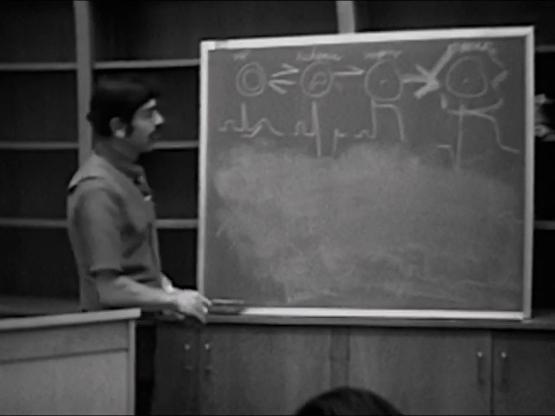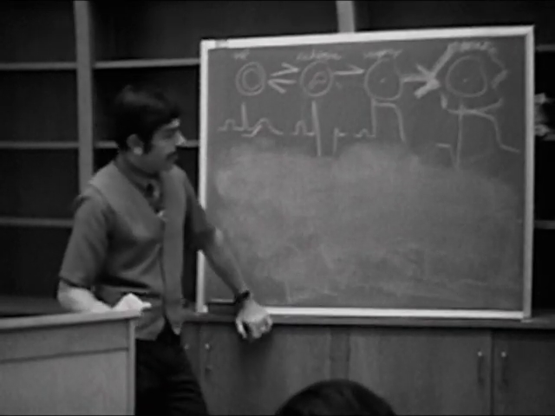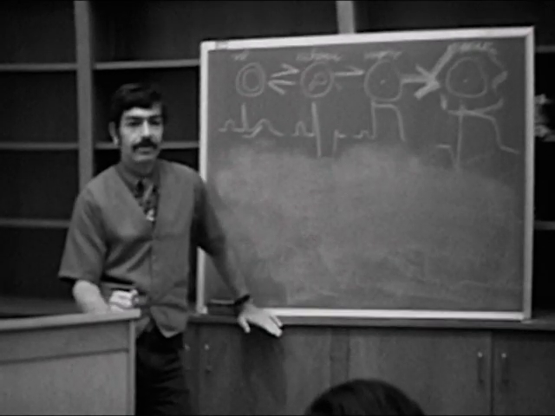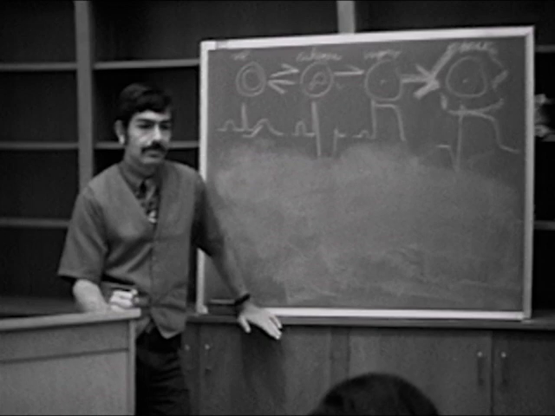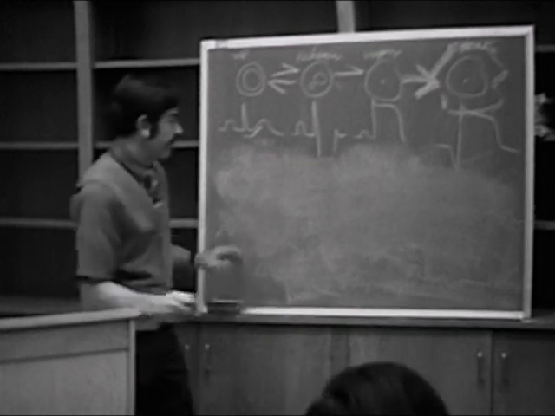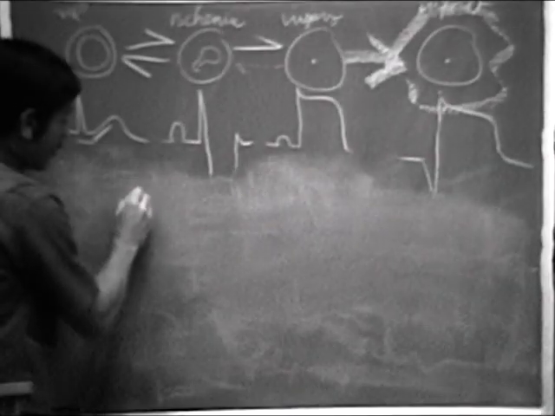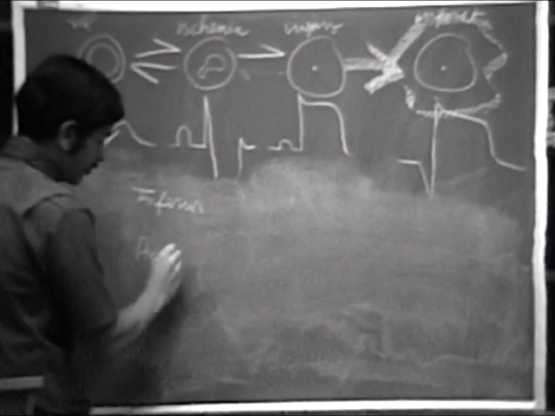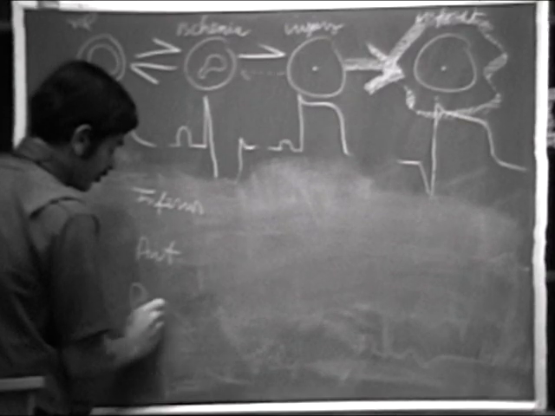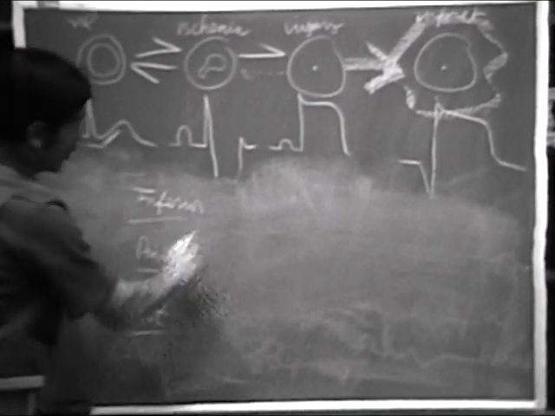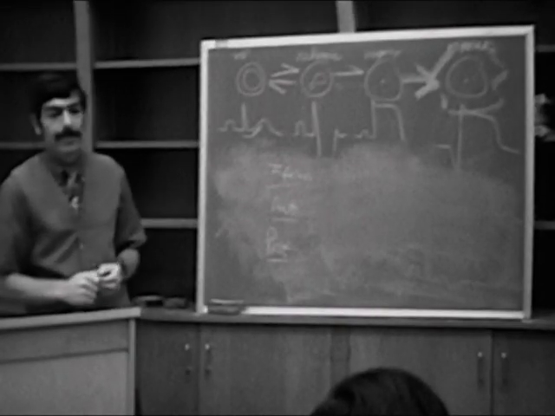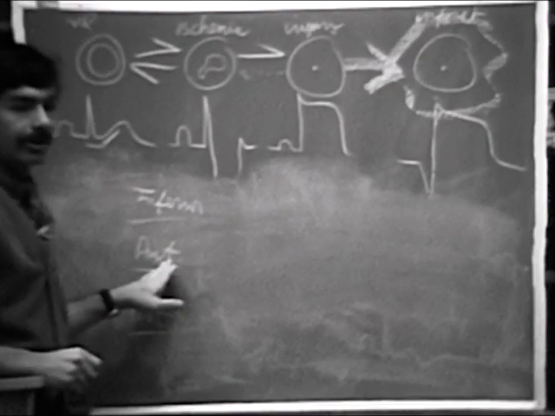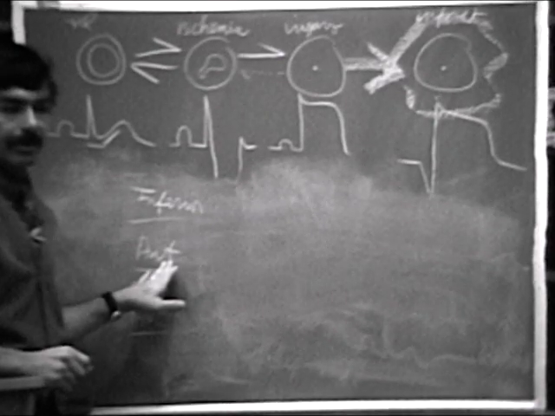In terms of localization, let's talk a little bit about localization of the infarcts. Okay, what are the different surfaces that you might see an infarct on? Okay, we can say the inferior, the anterior, and the posterior. These are really the three basic surfaces, right? And we can divide our anterior wall into several areas, right?